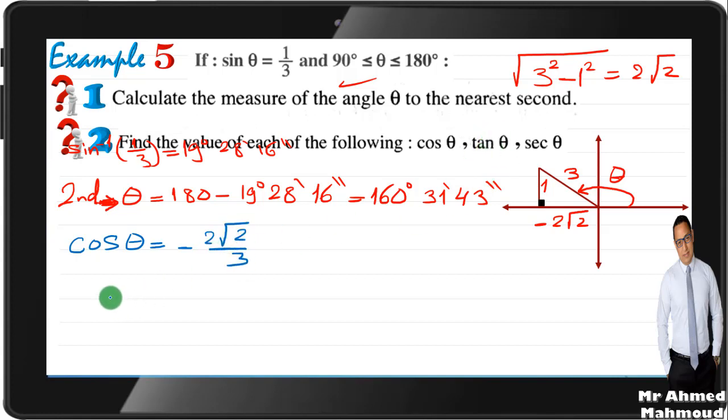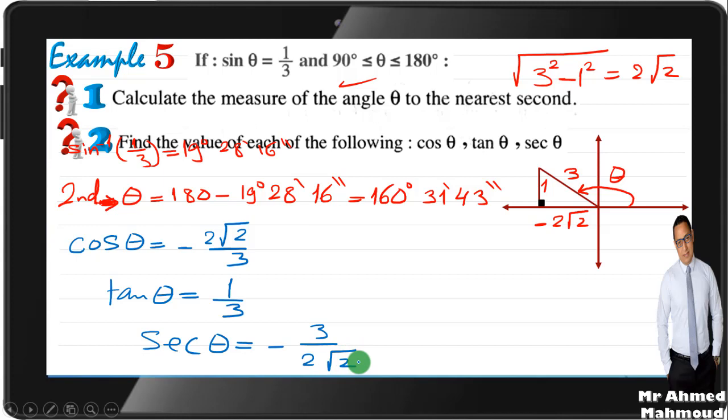Tan theta equals opposite over adjacent, 1 over negative 2 root 2. Sec theta equals 1 over cosine, which is negative 3 over 2 root 2.